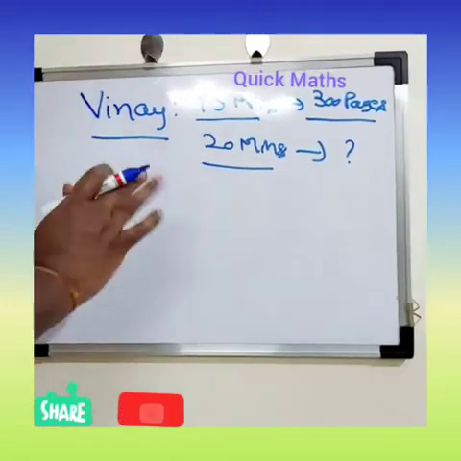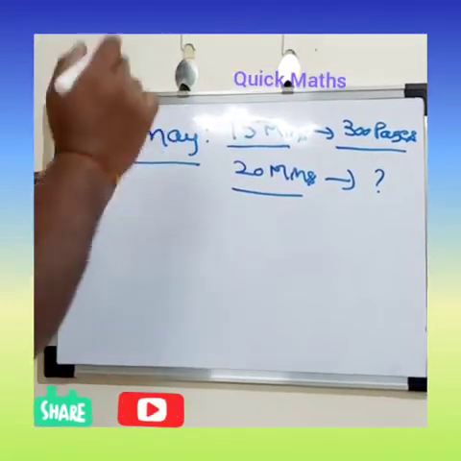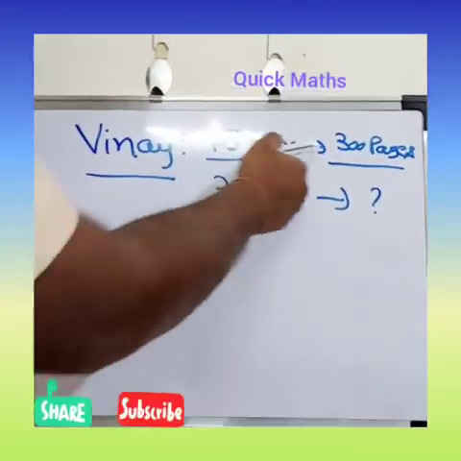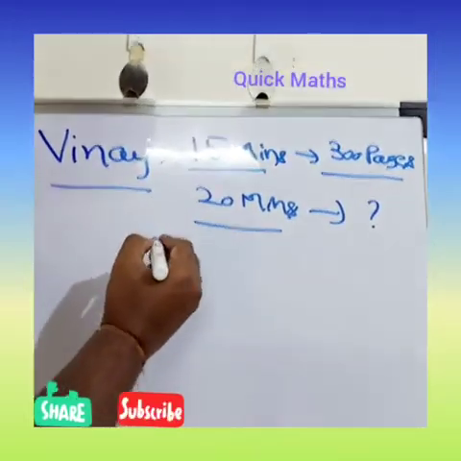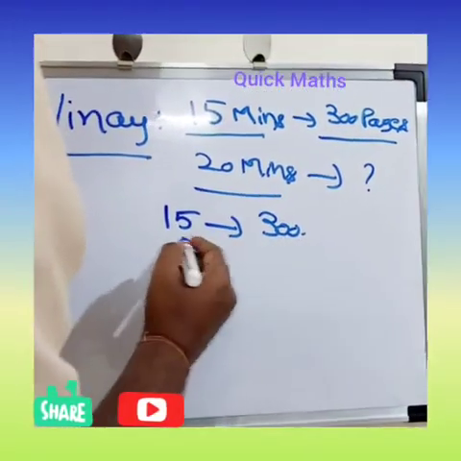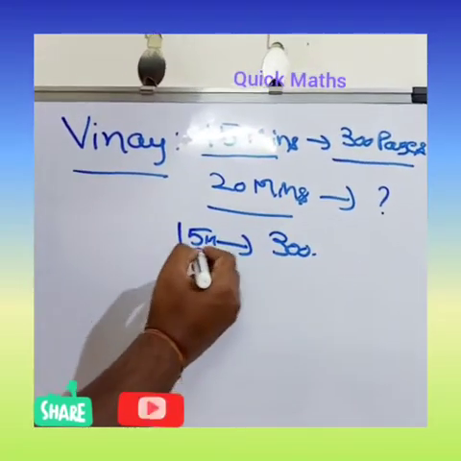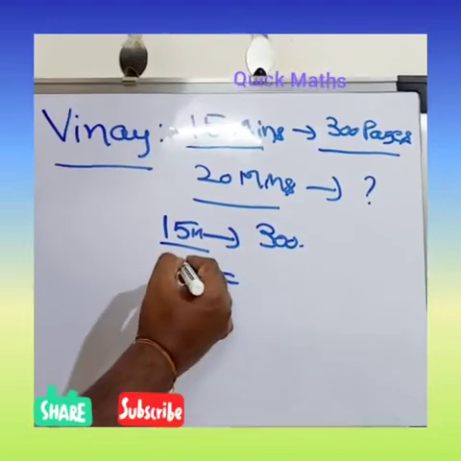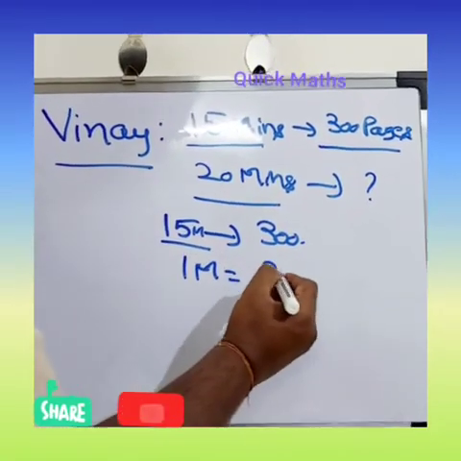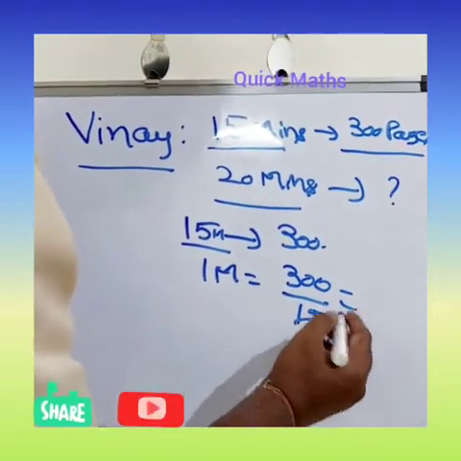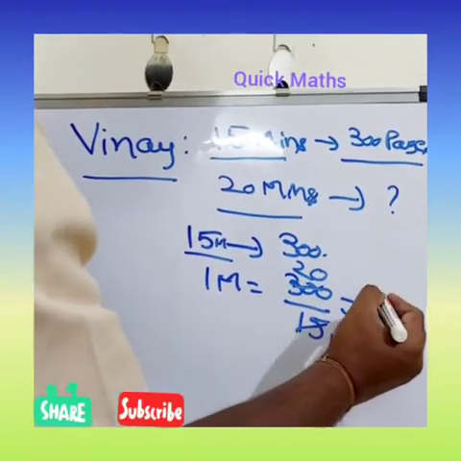To solve this problem in less than a minute, first we need to find how many pages Vinay reads per minute. In 15 minutes, he read 300 pages. In 1 minute, he will read 300 by 15. 15 ones are 15, 15 twos are 30, 0.